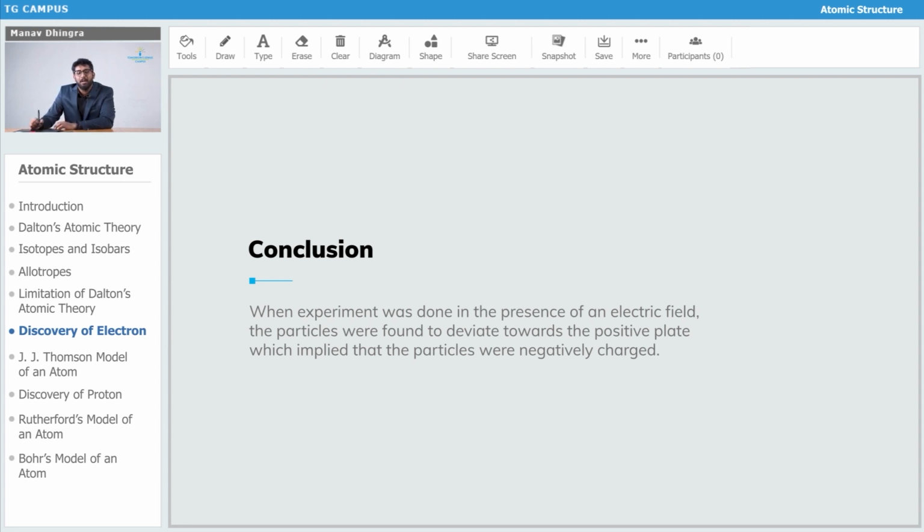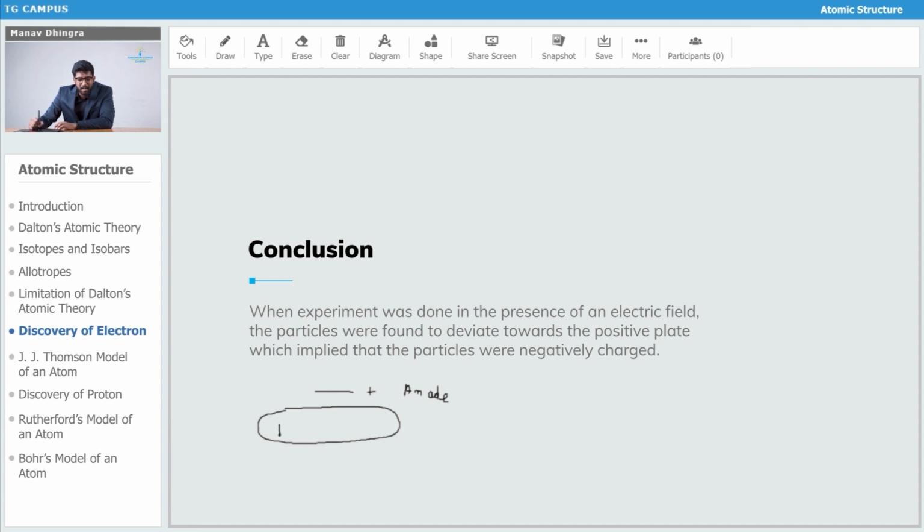Look over here. In this experiment, we took the tube and kept it under an electric field. So there is another set of electrodes. This is positively charged, this is negatively charged, this is anode, and this is cathode.